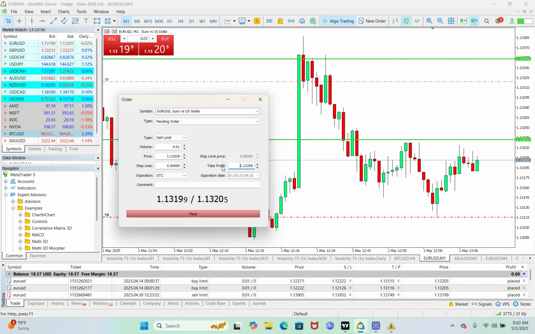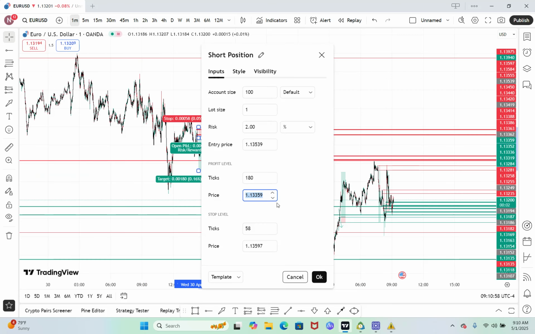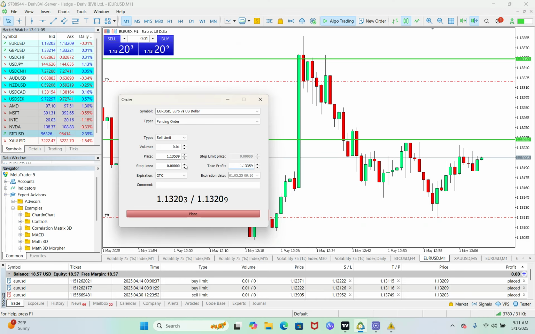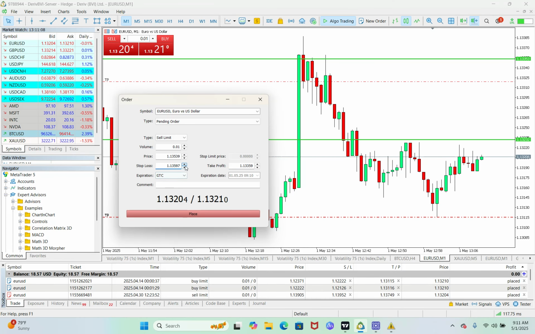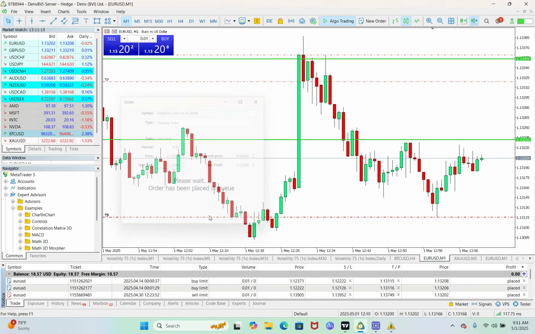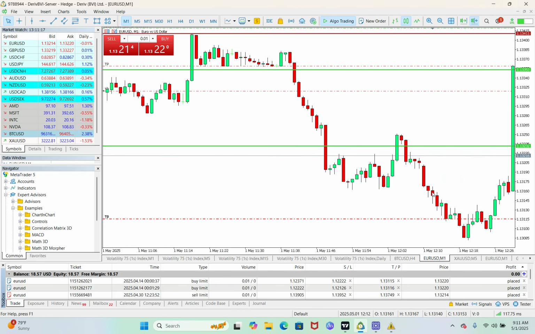Put that value into the take profit. Go back again. Copy. So with trading view, I don't have to be doing all that calculation. All I have to do is just calculate the profit. Right, trading view, automate stuff. Click place. That trade is on.